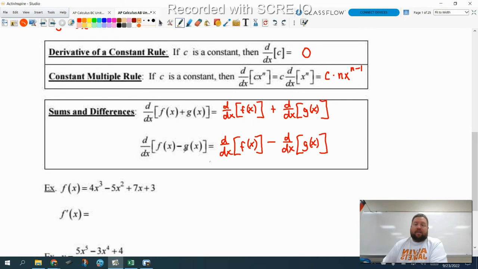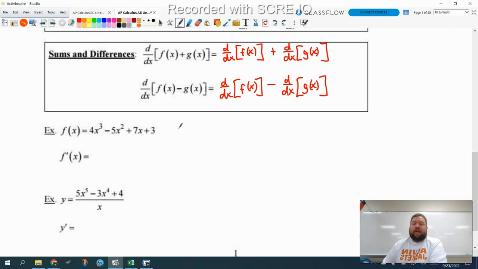All right, so those rules right there are super useful for taking the derivative of polynomials. So like this next example that we have down here. Okay, so I would never have you write this out every single problem. All right, we're just doing it this first time for our first example. Okay, but what's happening here is I want to take the derivative of f of x.